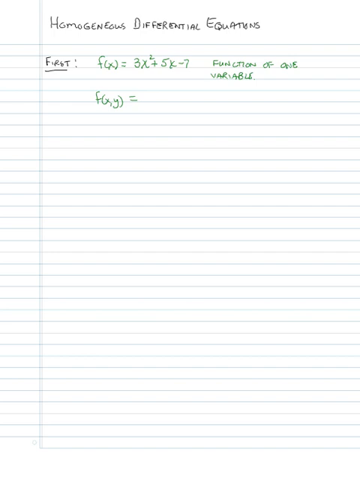So a function of two variables, we would see the notation f of x comma y, meaning what's going to follow will have x's and y's both in them. So we might have something like 3x squared y plus 2y minus x plus 4. So this is a function of two variables.